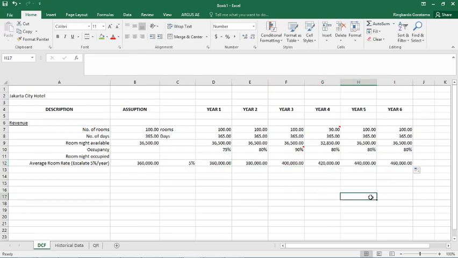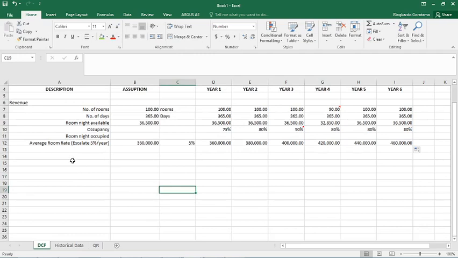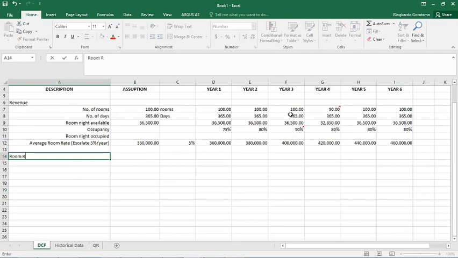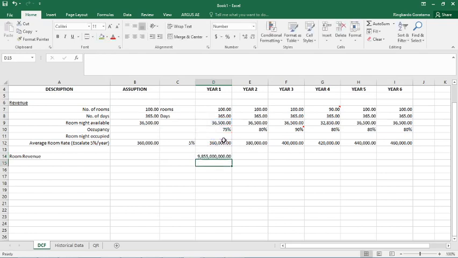All right. After that, we calculate the room revenue. So the room revenue will be the room nights available multiplied by the occupancy and multiplied by the room rate.